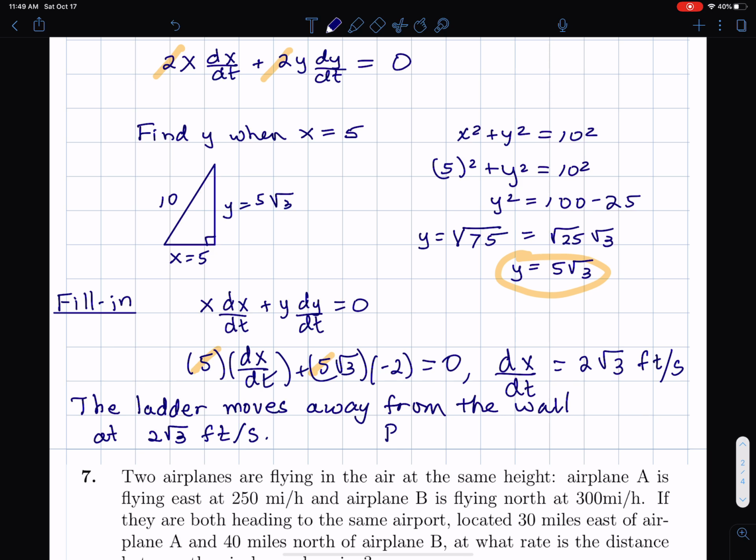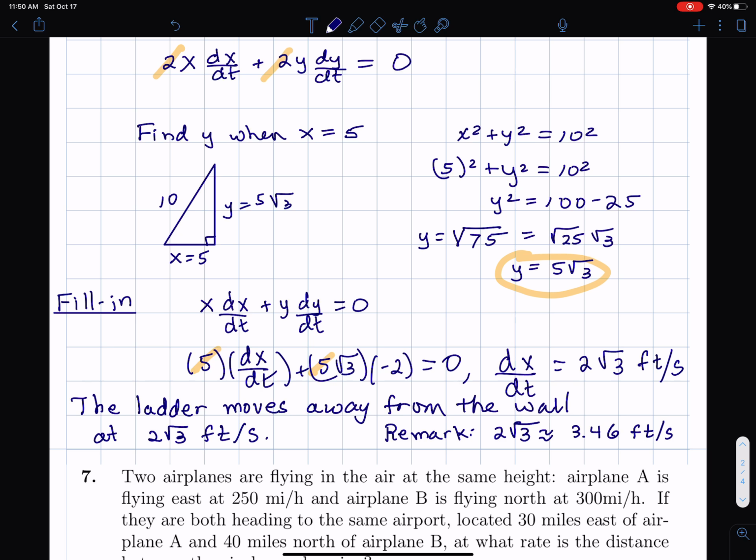So let's just do a little remark that according to the calculator, 2 rad 3 is about 3.14. Sorry, that's not it. I was thinking about pi or something. 3.46 feet per second.